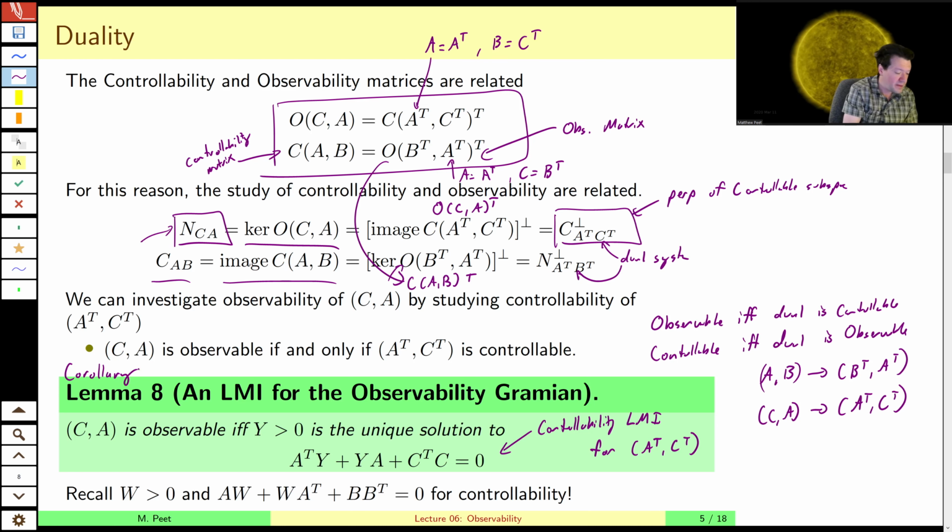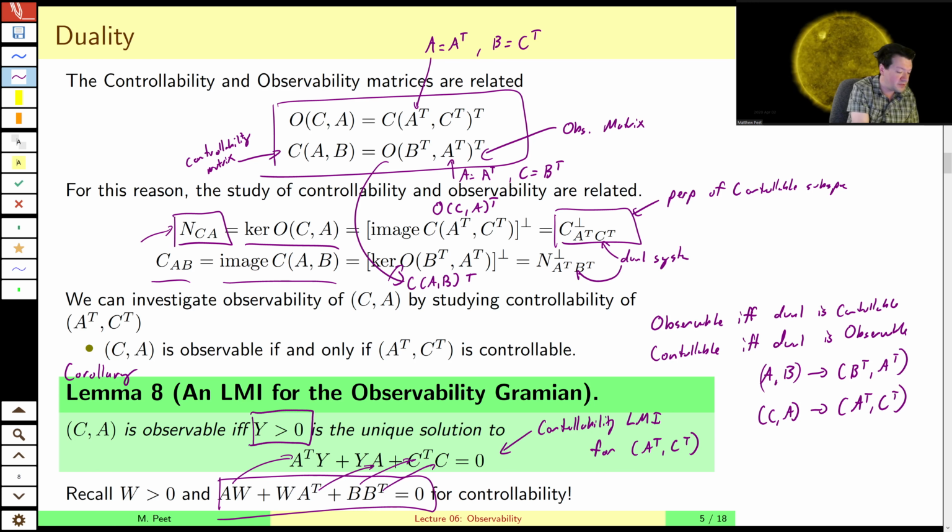And so we just see here, remember this was the LMI for, well, it's not really an LMI because it's equality constraints, but we'll ignore that for a second. This was the one for controllability, and here A goes to A transpose, B goes to C transpose, and B transpose goes to C. So it's exactly the same thing.